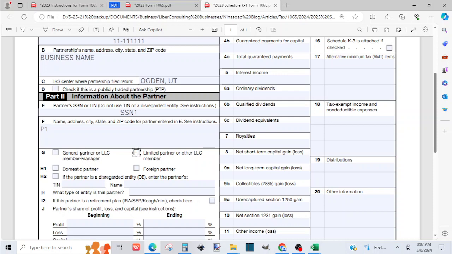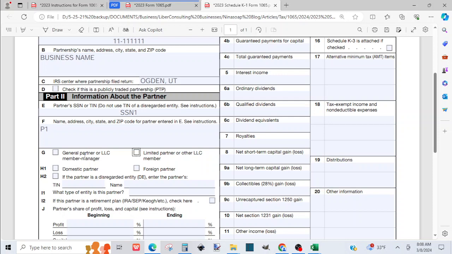So you have general partner or LLC member manager, and then you have limited partner or other LLC members. Technically, limited partners that are not working in the business, that's what I like to check that box for.